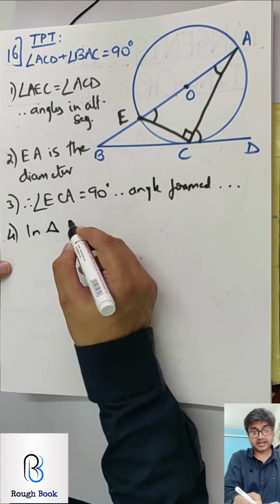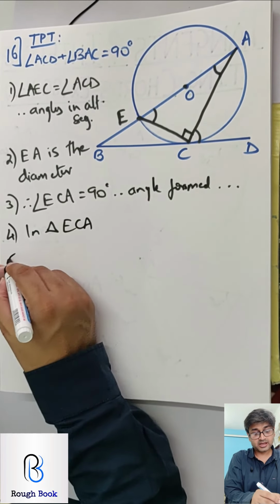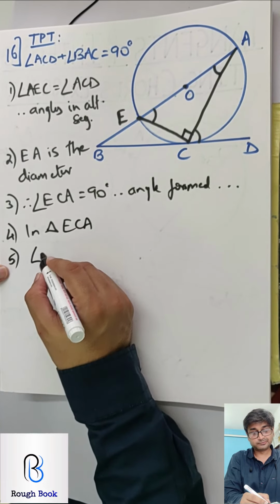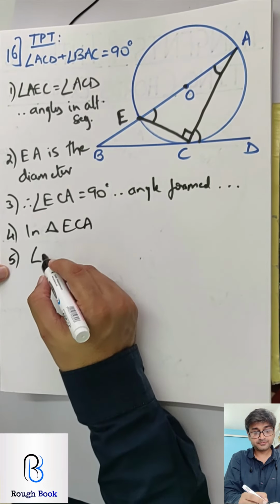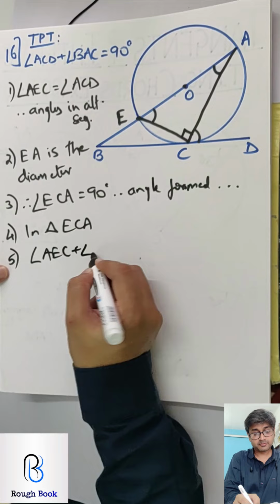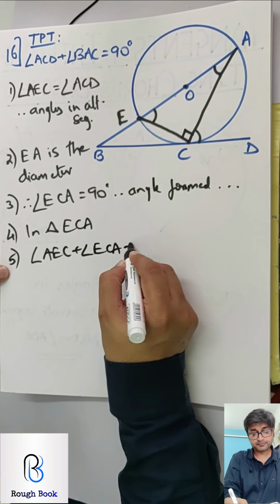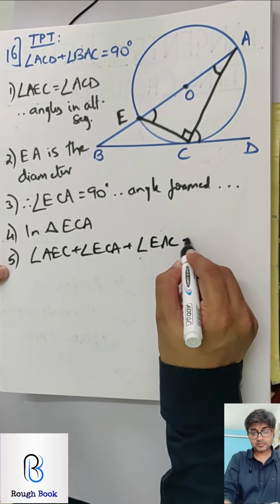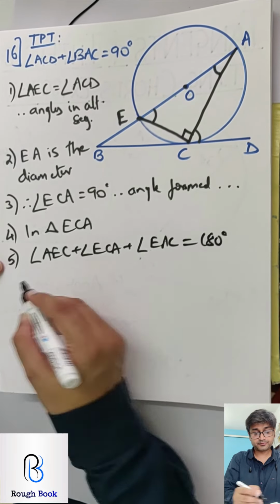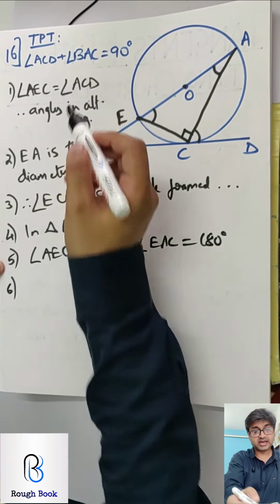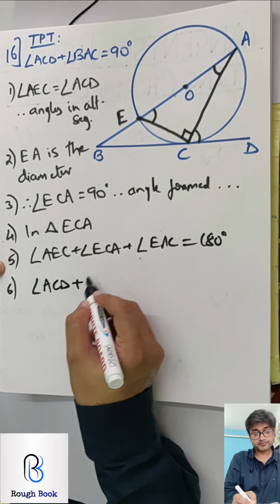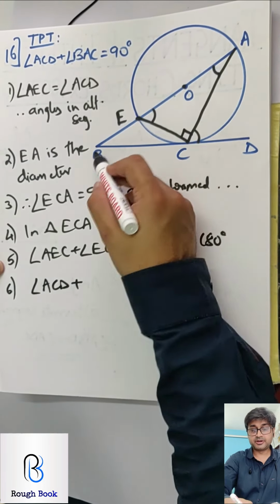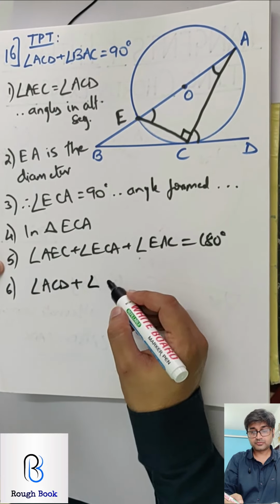Now we get into the triangle ECA, and we say that angle AEC plus angle ECA plus angle EAC equals 180. AEC can be written as ACD, ECA can be written as BAC, this one.